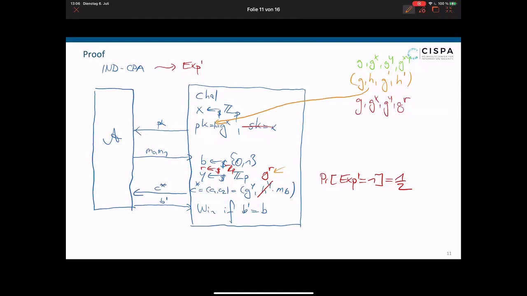So someone's asking a quick question: shouldn't you send in the picture back G to the Y instead of H to the Y? Why not H to the Y?